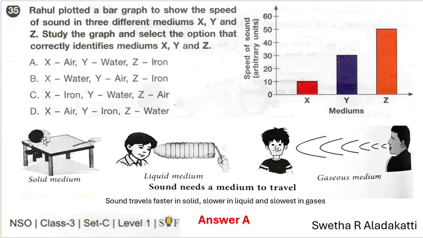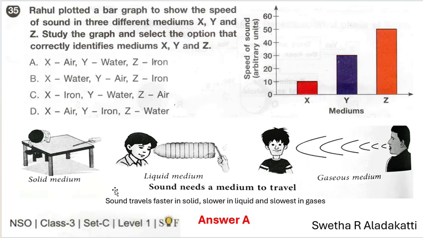Now, three mediums: when we make a sound on a solid, or in a liquid, or from normal air, the gaseous medium, which has the faster speed? So the speed in a solid medium is fastest, in a liquid medium it is slower, and slowest is in air or gas. So here the solid medium is given as iron.